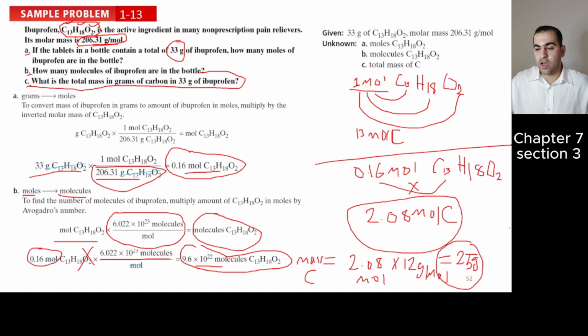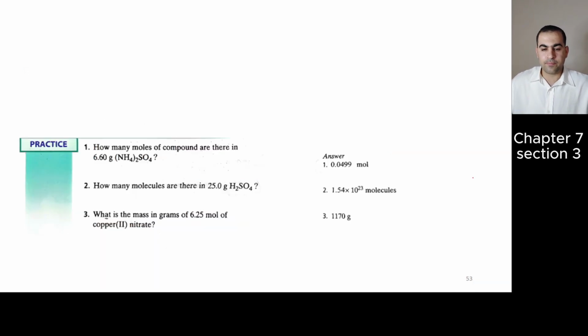If I ask for hydrogen, 0.16 times 18 gives you the moles of hydrogen in 0.16 mole of ibuprofen. Times the molar mass of hydrogen, you get the mass of hydrogen. For oxygen, we use the same way.